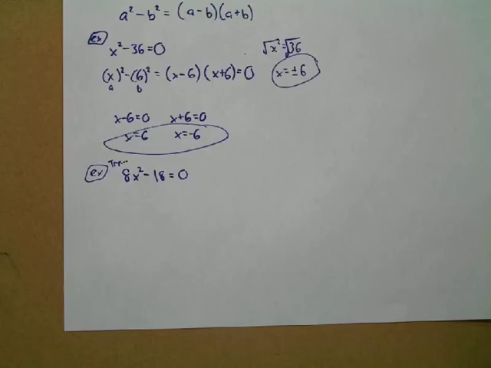Then also 2x plus 3. So 4x times 4x would be 16. Meaning 4x squared is your coefficient.